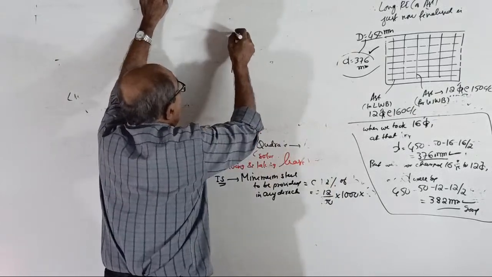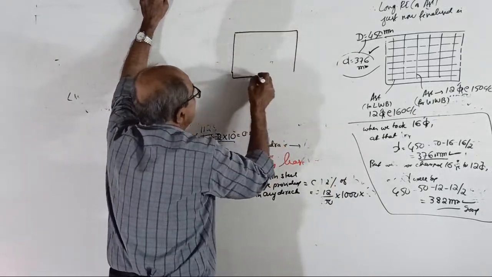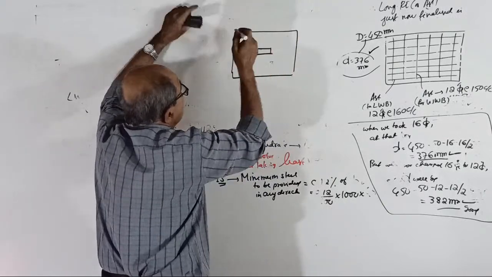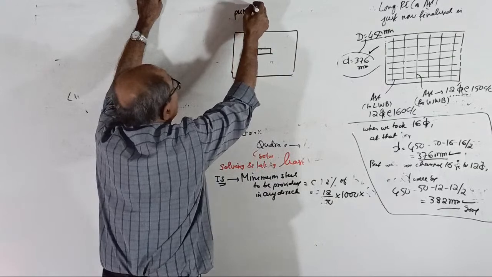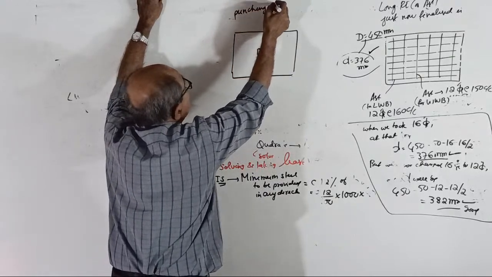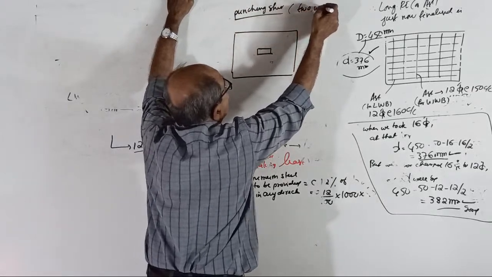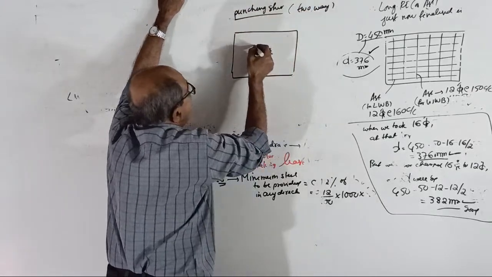This is the plan. This is the column. One of the shears is called punching shear, or also called two-way shear. Two-way, how? It will punch here.